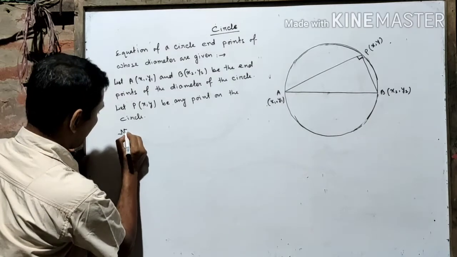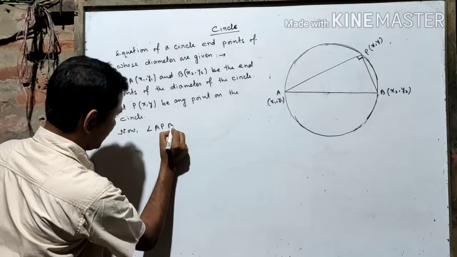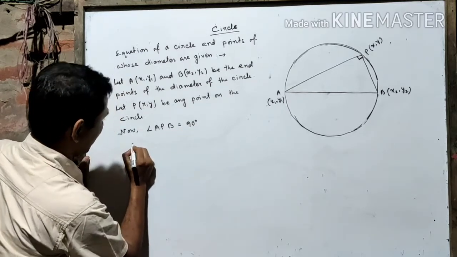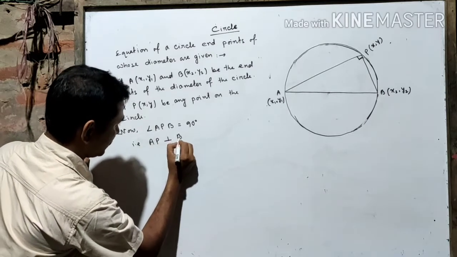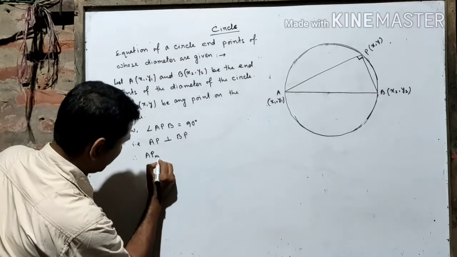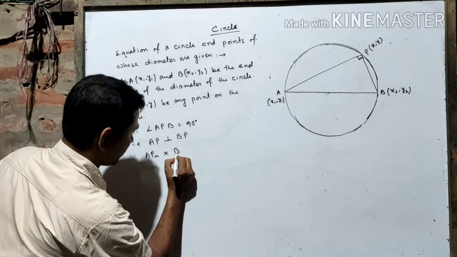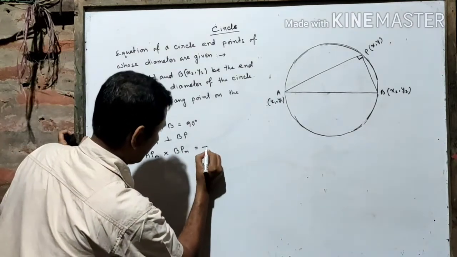Now, angle APB is equal to 90. That means AP is perpendicular to BP. Therefore, the gradient of AP, we denote it by m_AP, times the gradient of BP, we denote it by m_BP, is equal to -1.